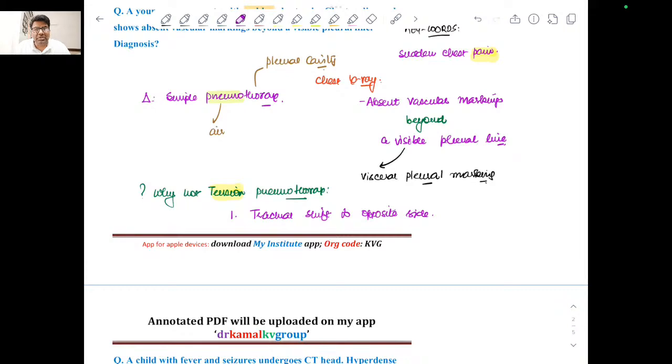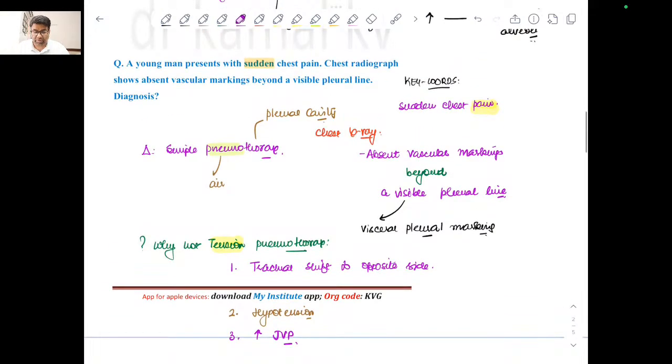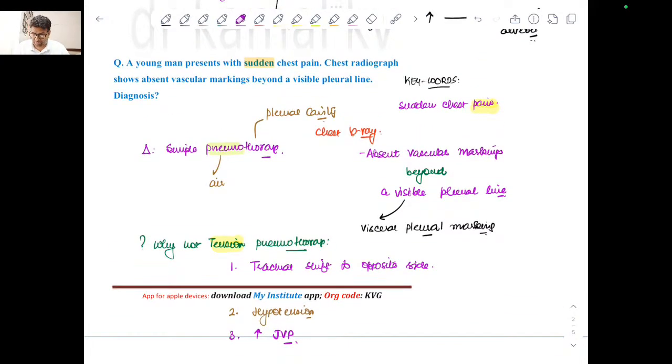This point is not mentioned here. Number two, there will be hypotension, which is not mentioned here. There will be raised JVP, which is not mentioned in the question. So that's why we can say that this particular question is about simple pneumothorax.